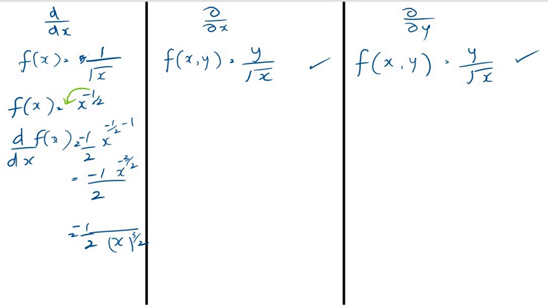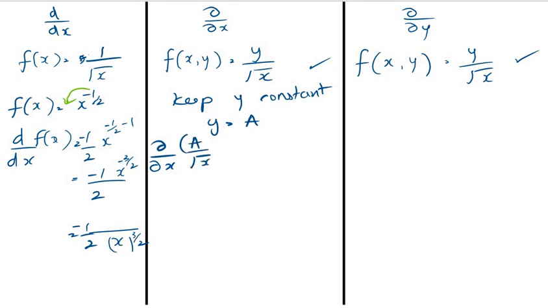So if we want to do the derivative with respect to x, what we do is we keep y constant, and we say y is equal to a. So we'll write the function again. We want the partial derivative with respect to x. So we keep y a constant. So we say a over square root of x.